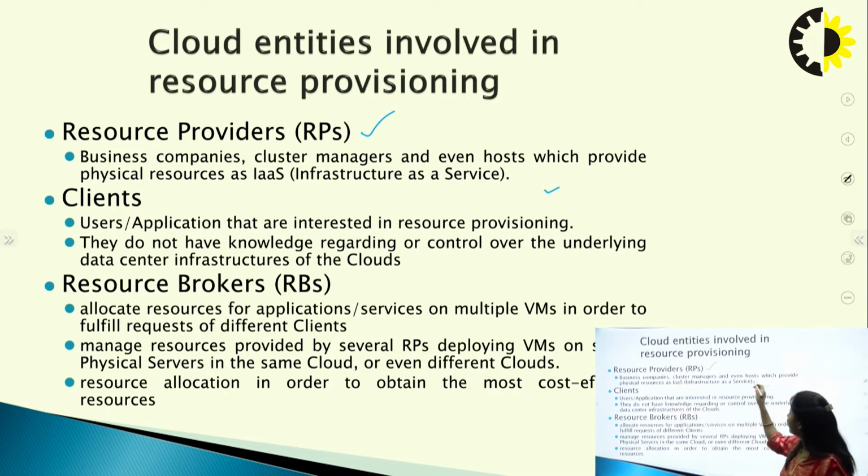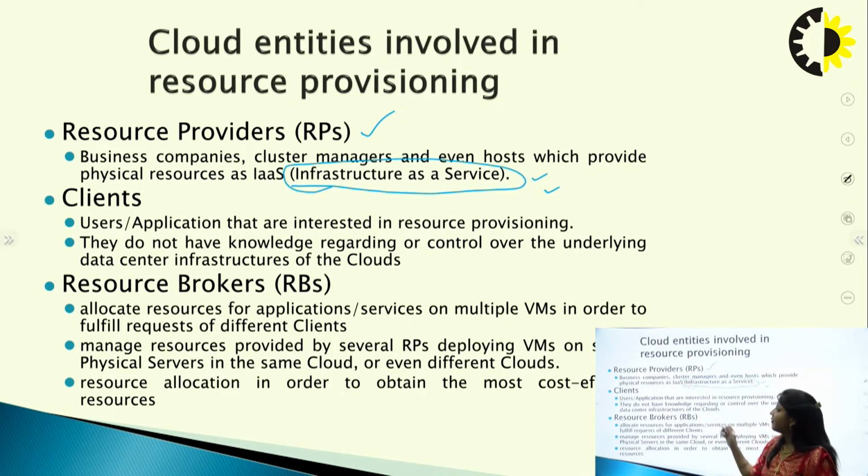So these different hosts can also be a kind of resource provider, such as infrastructure as a service. This is one kind of service, and it depends on which provider is going to provide it. And we have clients who are interested in taking the service from the cloud.